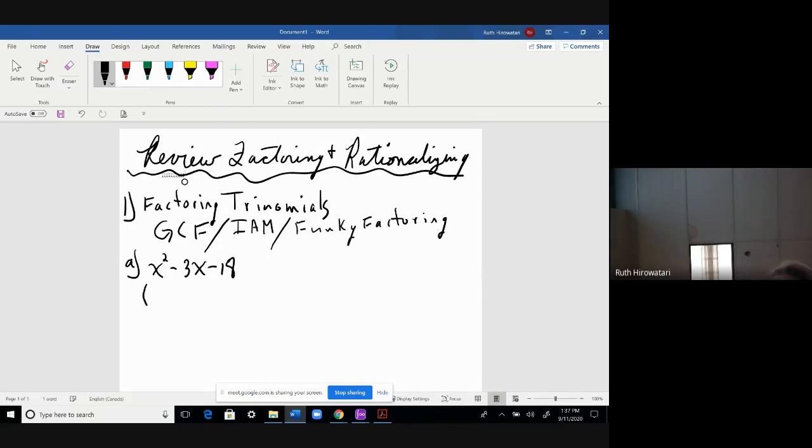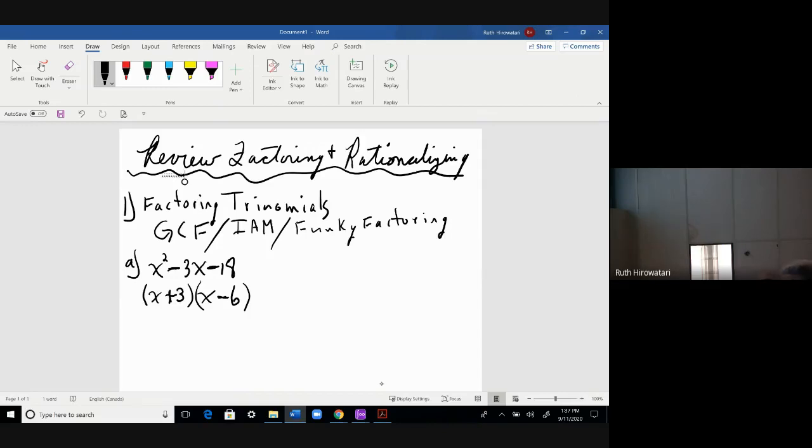To get the x squared, I need x times x. To get a negative constant term, one factor must be positive and one negative. I want them to add to -3. Your two numbers are 6 and 3, and because I want the sum negative, it's -6 and +3.